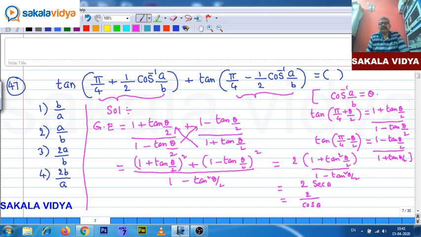Since cos inverse A by B is equal to theta, cos theta is equal to A by B. So substitute A by B here: 2 by (A by B). This is equal to 2 into B by A. You can expect the answer 2B by A. So that means the fourth option is the right option.